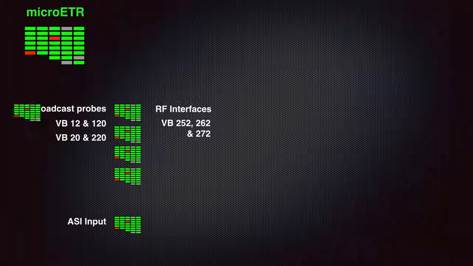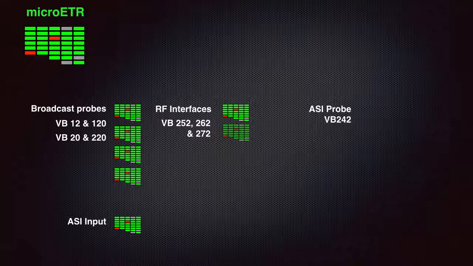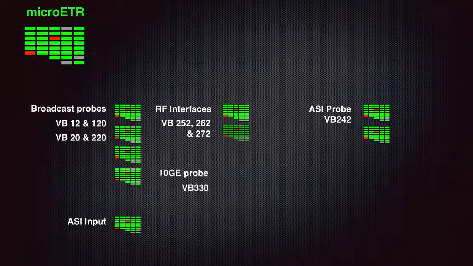All of the RF interface cards have 1 or 2 inputs. Each of its inputs has its own ETR engine. The VB242 ASI probe has 2 ETR engines. And the VB330 10 gig probe may be licensed for up to 200 ETR engines.